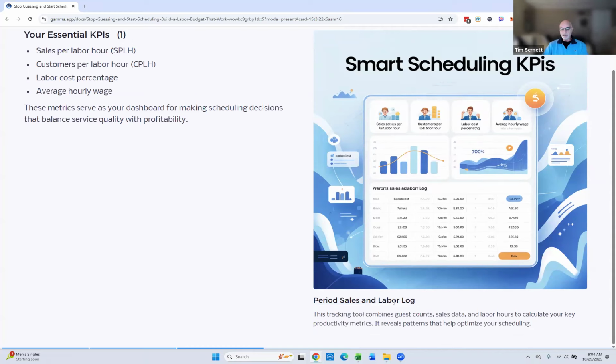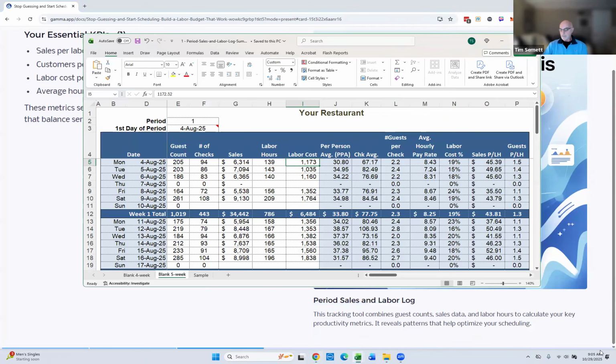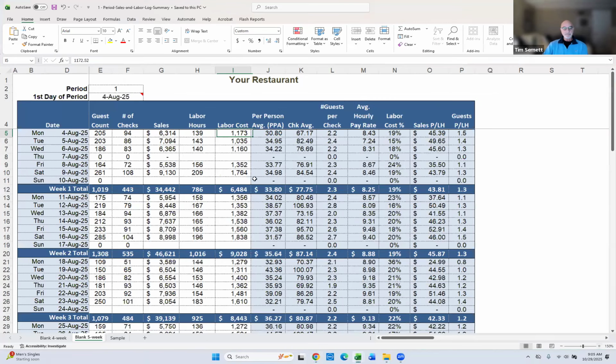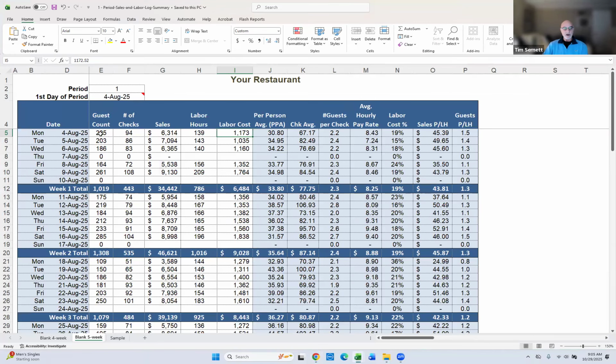The first is the period sales and labor log, and these are the KPIs. And there's a lot of numbers here. Let me blow that up just a little bit. So you can see all this information in white is information that you're populating every day into this schedule.